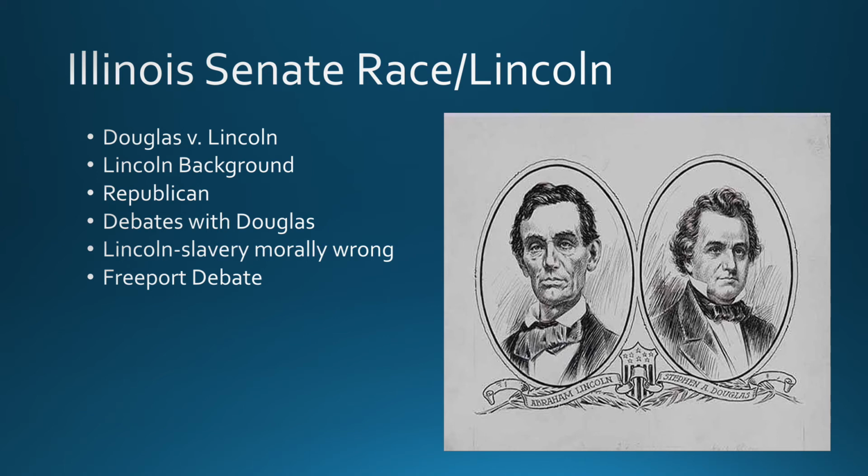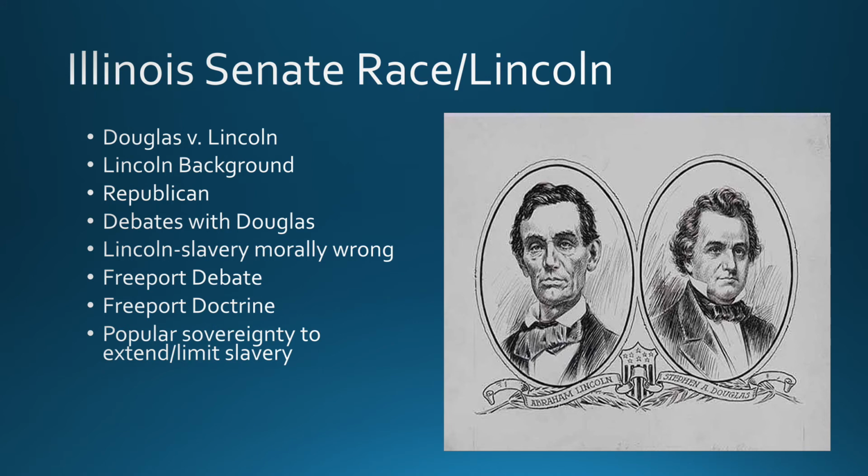of a back and forth going on, and it's in this back and forth that Douglas will preach what has become known as the Freeport Doctrine. Basically, what Douglas said was that popular sovereignty was the most important factor in determining slavery.